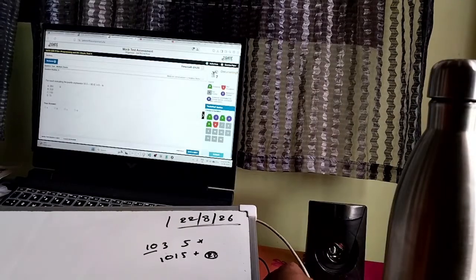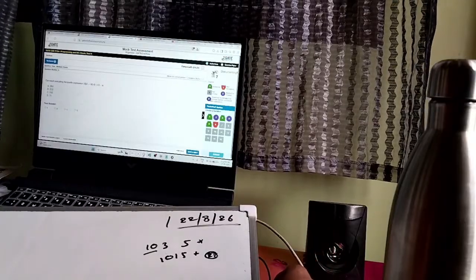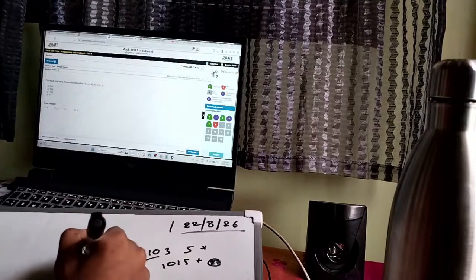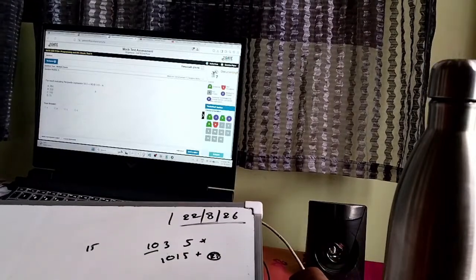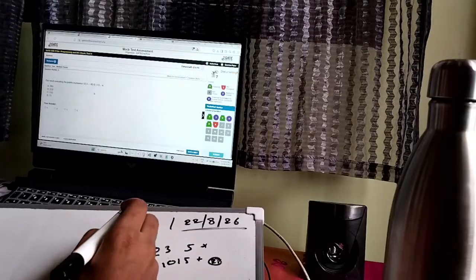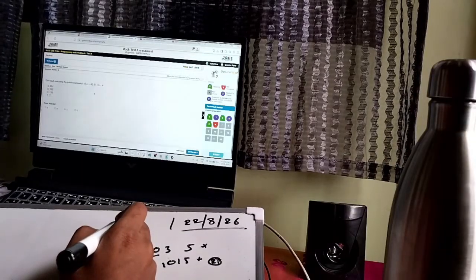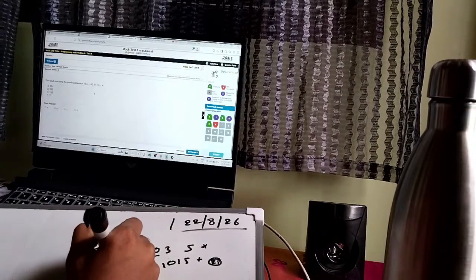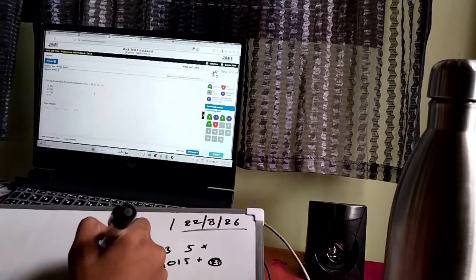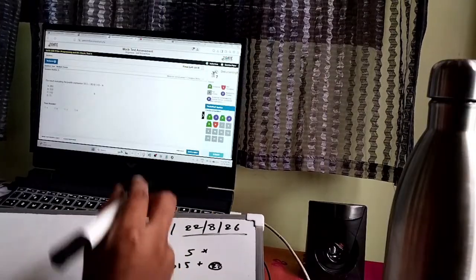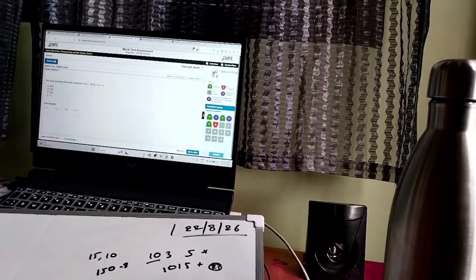What next? We evaluate this expression, the same as 10 plus 5, which becomes 15. I think they are both the same way. So 15 and 16 by 6, which becomes 10. Then 150 minus 8 becomes 142.